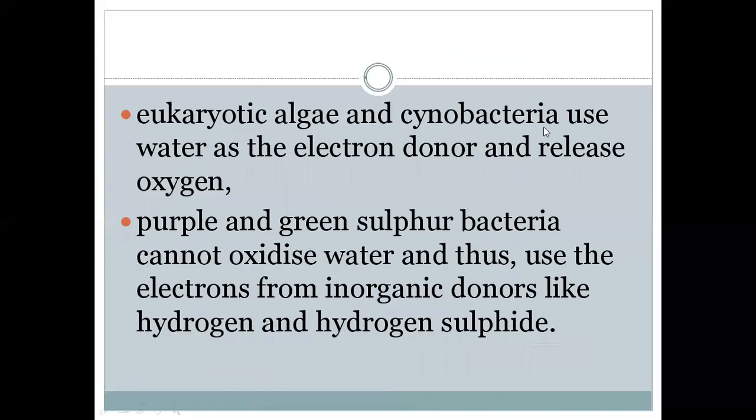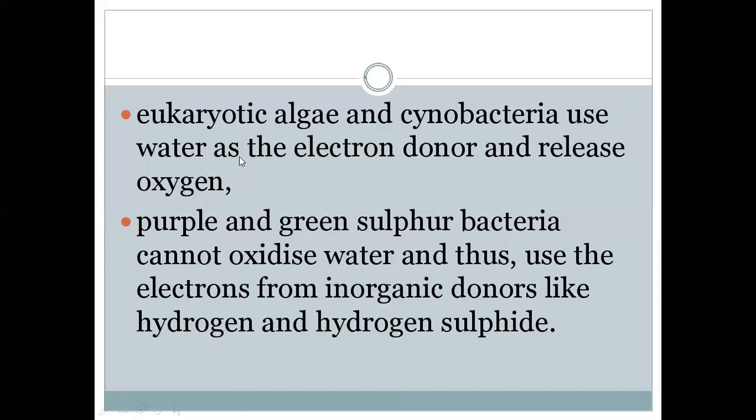Eukaryotic algae and cyanobacteria use water as electron donor and release oxygen. Purple and green sulfur bacteria cannot oxidize water and thus use electrons from inorganic donors like hydrogen and hydrogen sulfide. In photosynthesis, there are two types: oxygenic photosynthesis and anoxygenic photosynthesis. Oxygenic photosynthesis is when oxygen is released as a byproduct of photosynthesis.